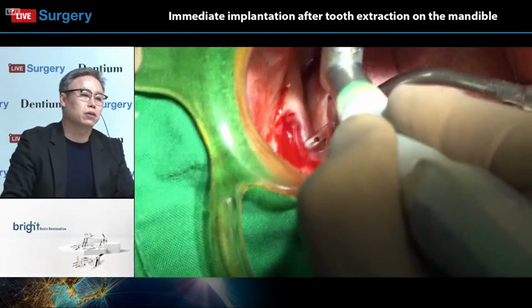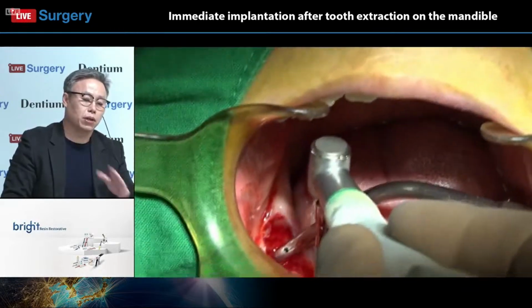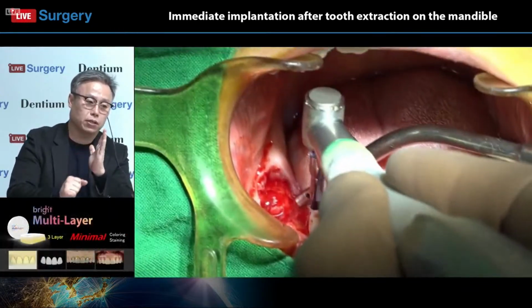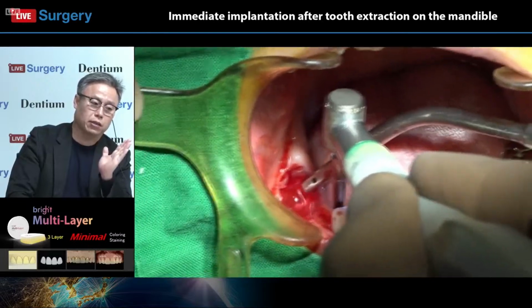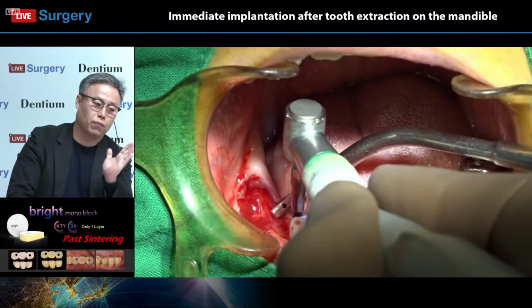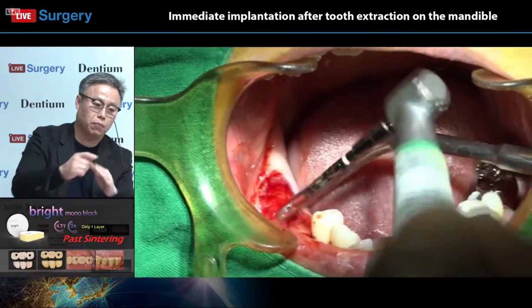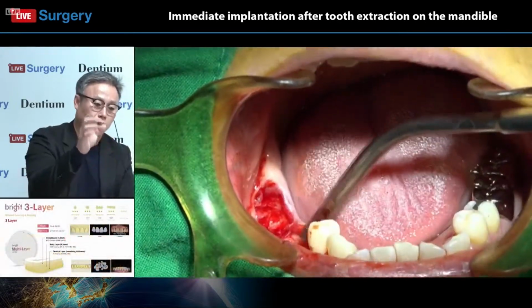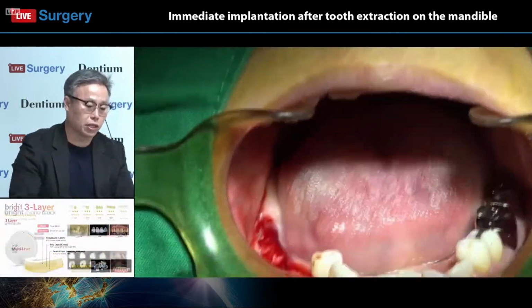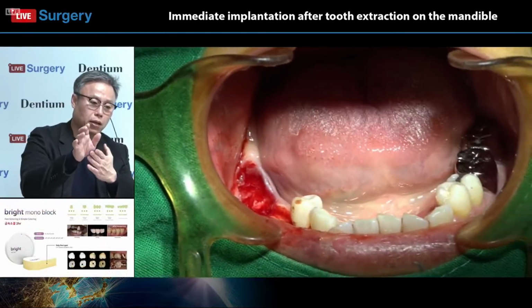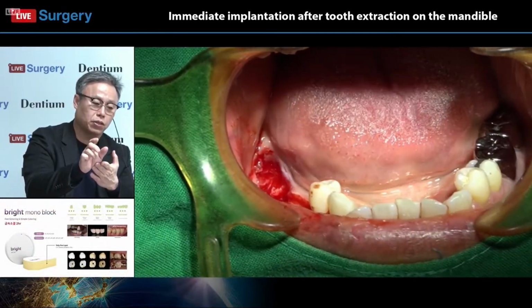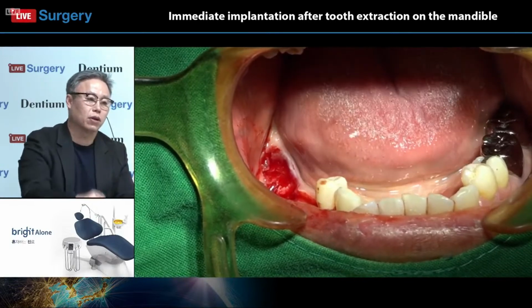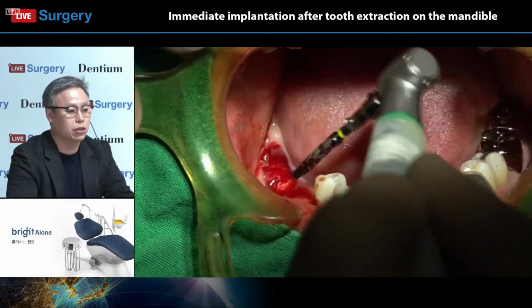So sometimes you can see the implant placed with a distal axis. This happens very often because the handpiece is contacting the adjacent tooth. Then when the handpiece contacts the adjacent tooth, the axis angulation of the implant changes.